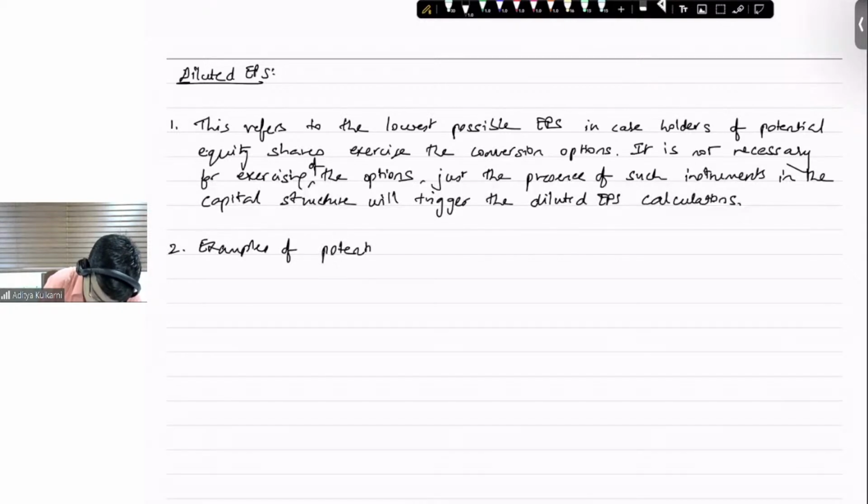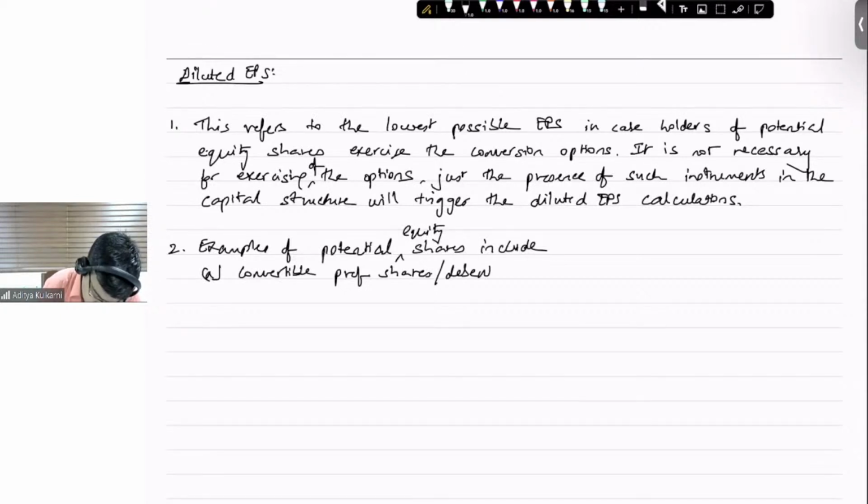Second, examples of potential equity shares include: A. Convertible preference shares, debentures.